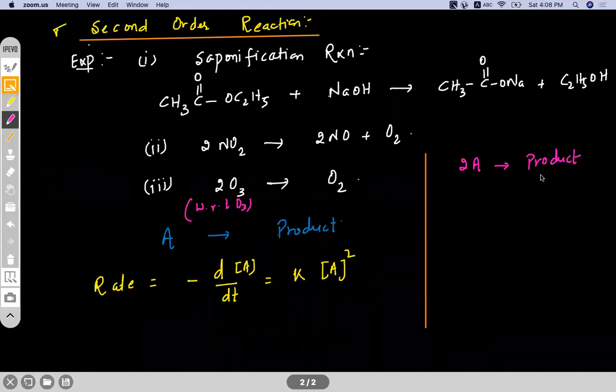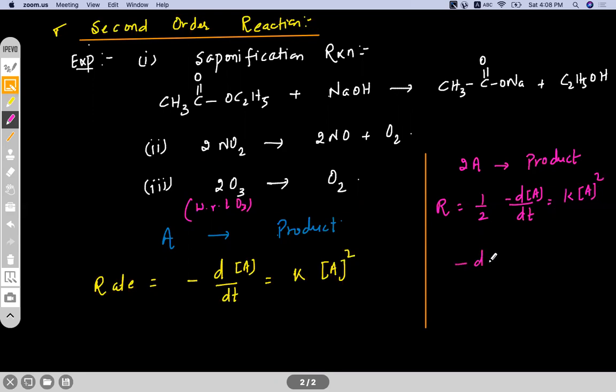2A gives product. So I'm just trying to make you understand that this expression you don't mug up. The expression will be written with respect to the reaction given. If this reaction is given in the question, then the expression of rate would be R is equal to half of minus d concentration of A by dt is equal to K times A square.